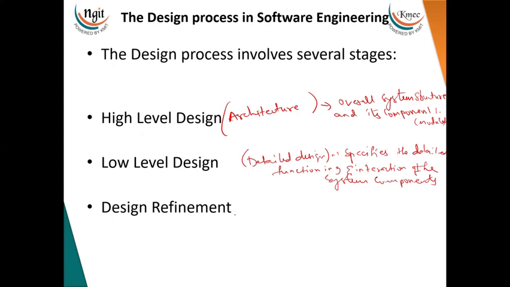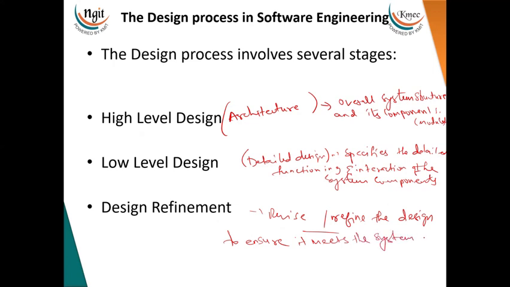Then we have design refinement, which revises and refines the design. Why should it revise and refine? To ensure it meets the system requirements. These are the various stages in the design process.